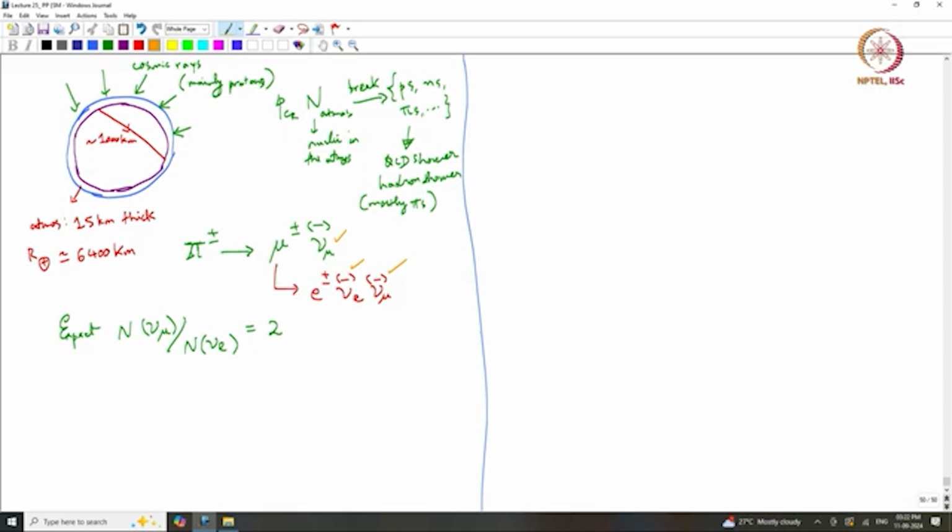Now that's what you expect, but when people tried to count the actual number of electron neutrinos and muon neutrinos at the right energy range, what do they find?